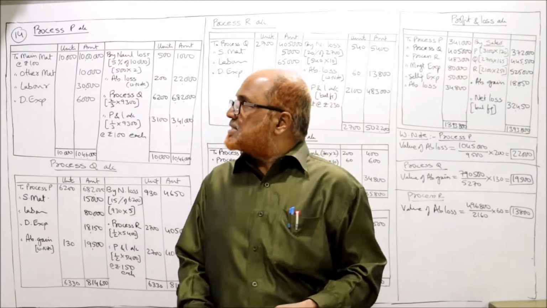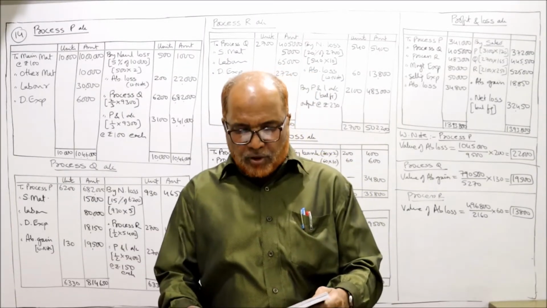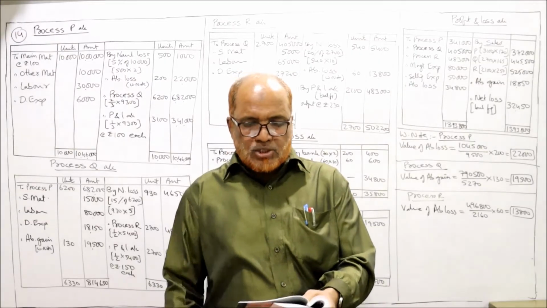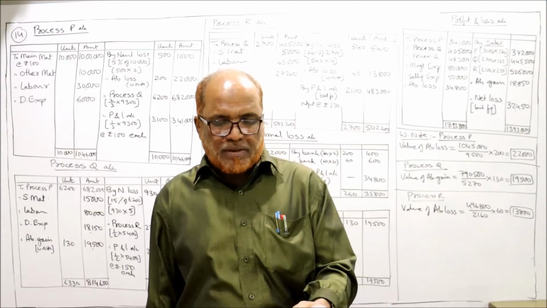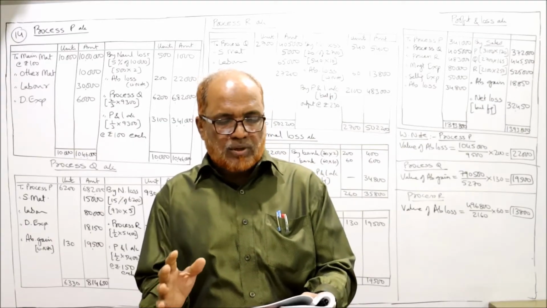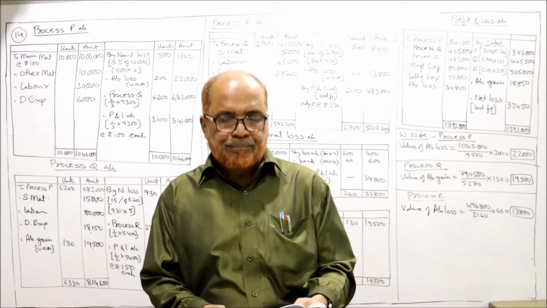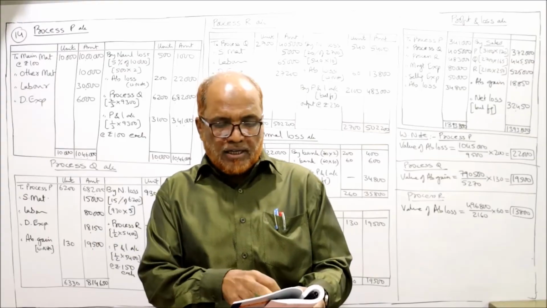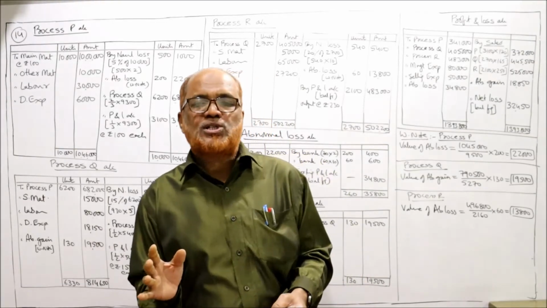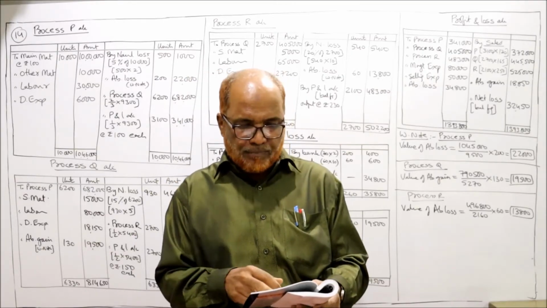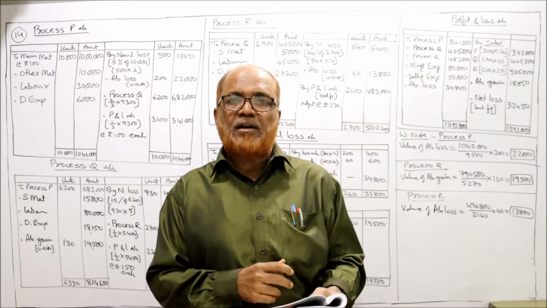Come on students, now we'll start the 14th problem. See the 14th problem. A product passes through three processes P, Q and R. The details of expenses incurred on the three processes during the year 1995 were as under. So three processes P, Q, R. Units issued, 10,000 units are issued in process P, first process. Then cost per unit is 100 rupees.